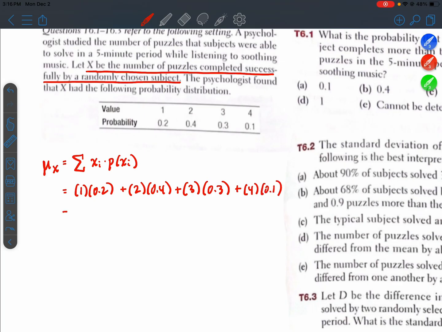I might as well just do it with a calculator. So 0.2 plus 0.8 plus 0.9 plus 0.4 is 2.3.